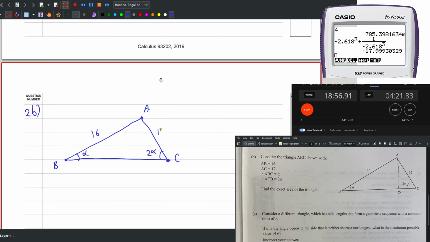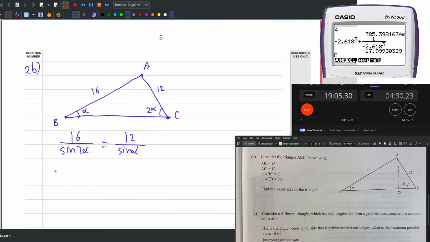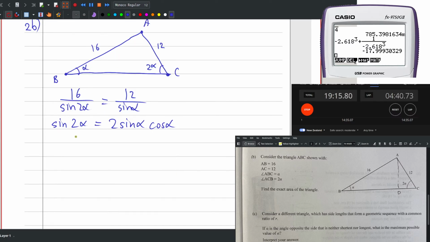Okay, so this is 16 over sine 2 alpha is equal to 12 over sine alpha, right? And sine 2 alpha is equal to 2 sine alpha cos alpha. So we'll say 2 sine alpha cos alpha over 16 is equal to sine alpha over 12.